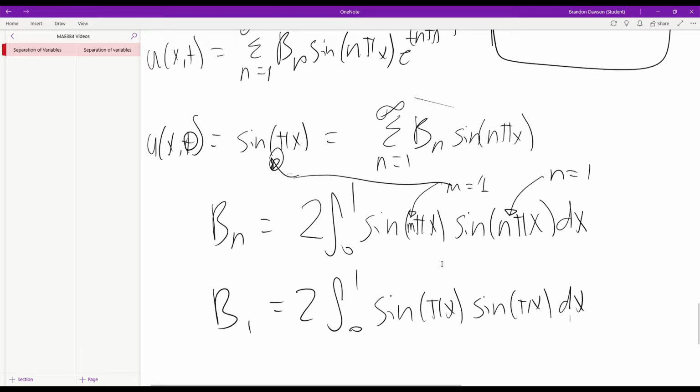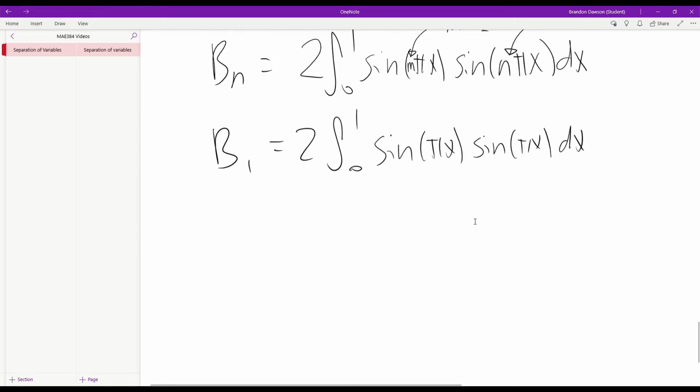You don't need to test any of the other values of n because we are given a solution where only one m value exists, which in this case is m equals 1. So only n equals 1 needs to be tested. So when you do this, this value is 1/2.